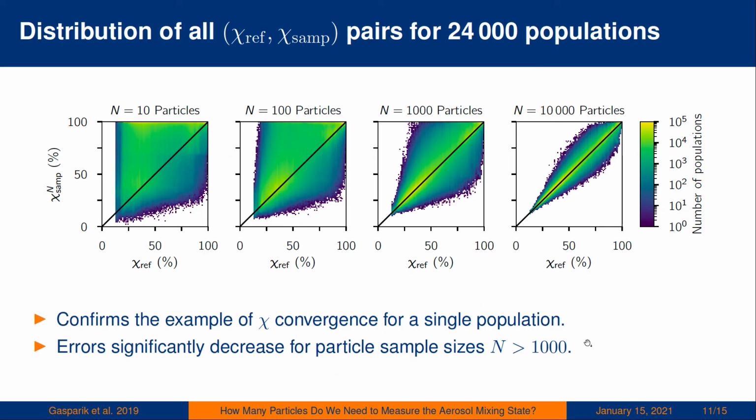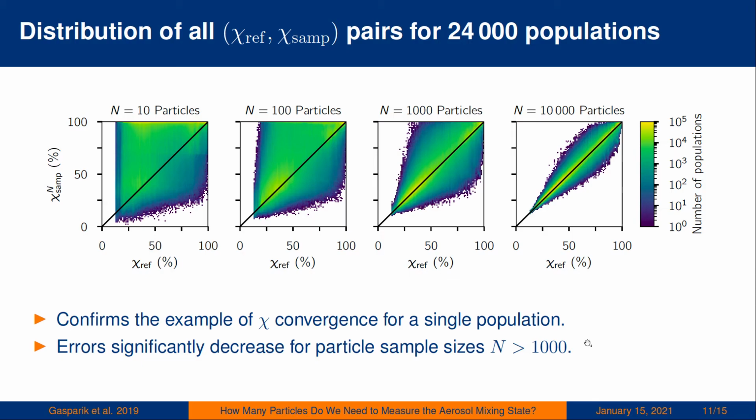So we did this for all 1,000 simulations for 24 different outputs for each of those. And as we can see here, this confirms the case of the single population that I just showed. In the case of 10 particles, you basically get this huge range of possibilities. No matter what you measure, you really don't know what the actual reference state is.